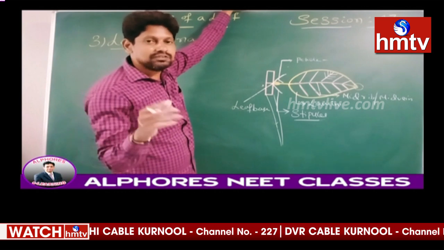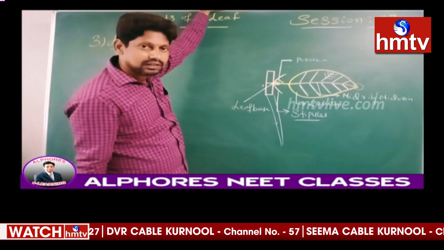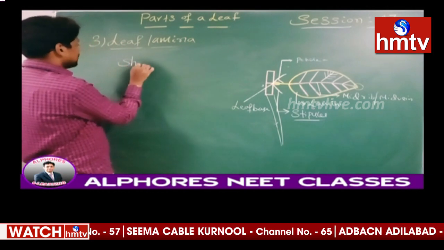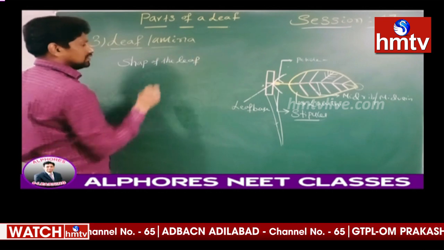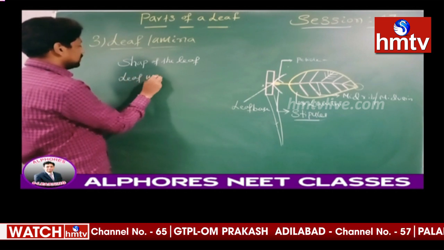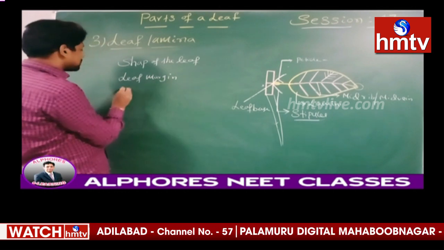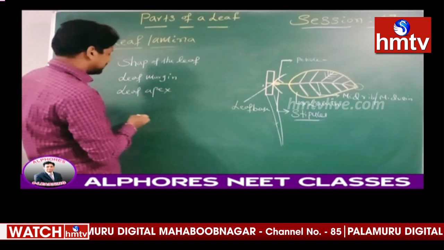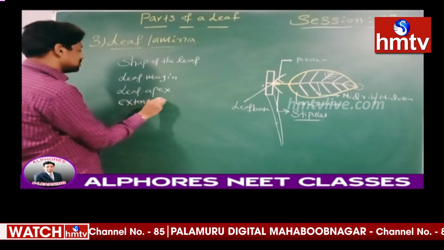Therefore, what varies from leaf to leaf? Number one, shape of the leaf. Number two, leaf margin. Next one is leaf apex. Next one is extent of incision.